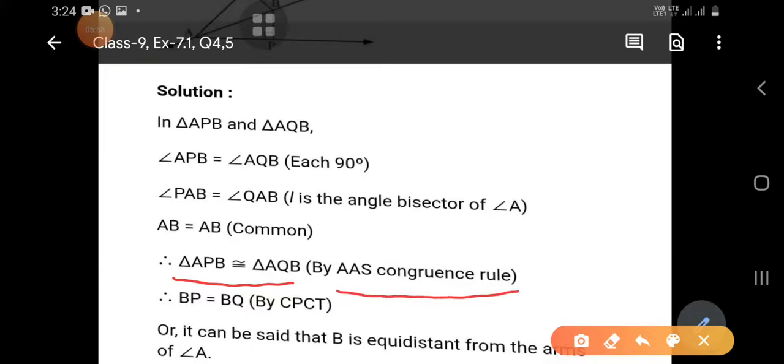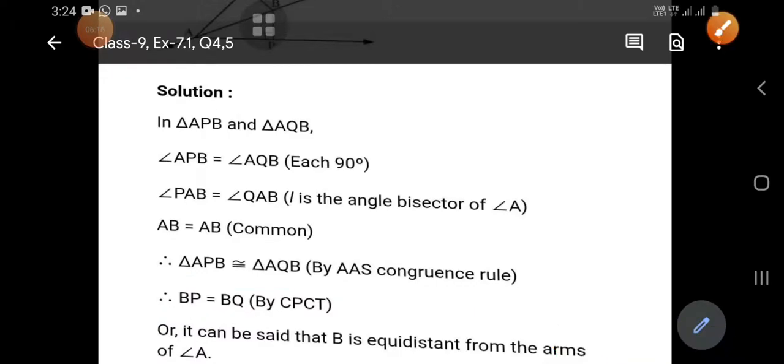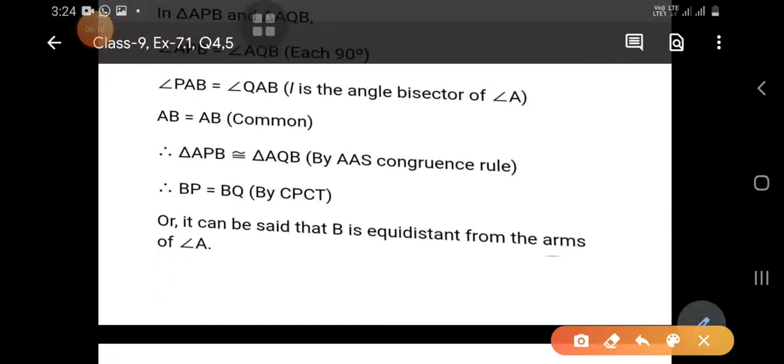Now by the CPCT we can say that BP is equal to BQ. CPCT is the corresponding parts of congruent triangles are equal. So we can say that BP is equal to BQ, and it can be said that B is equidistant from the arms of angle A. Hence both are proved. Thank you.